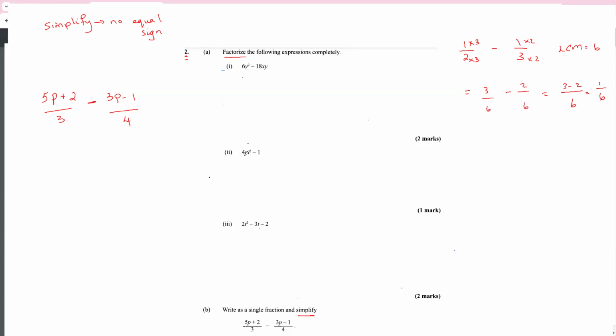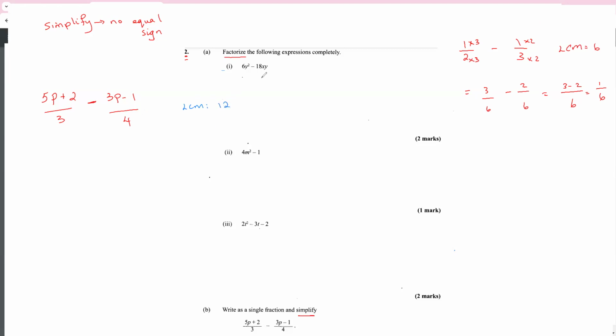So basically, that foundation in fractions is what we're applying here. I cannot subtract these two just like that because my denominators are different. So in order to be able to, I have to make them the same by finding the LCM. The LCM of 3 and 4 will be 12.